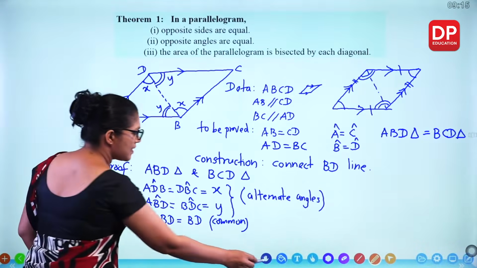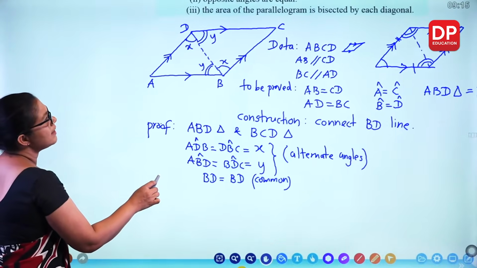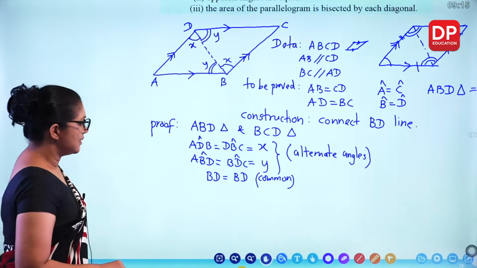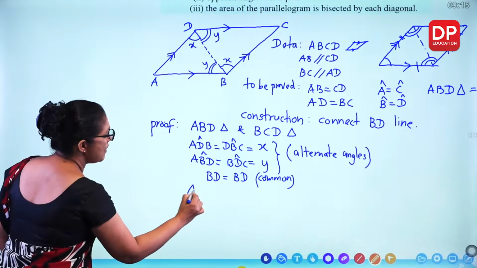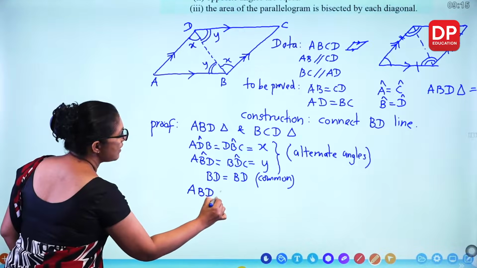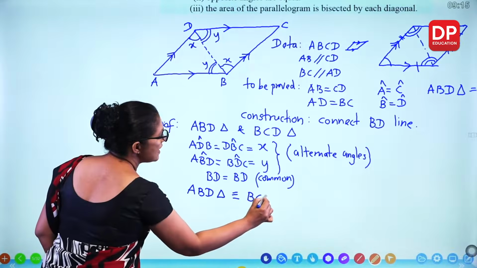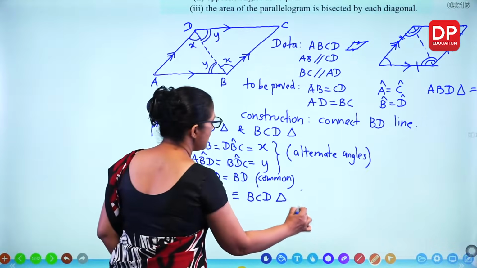Now what can we say about these two triangles? Two angles and one length. So these two are congruent. Triangle ABD is congruent to triangle BCD. What's the situation?